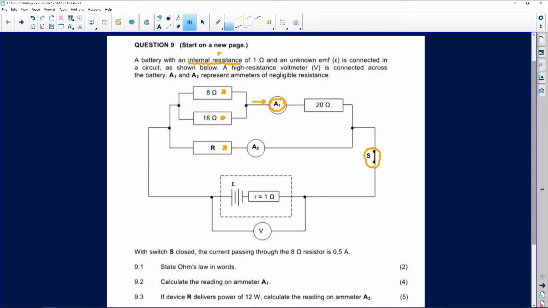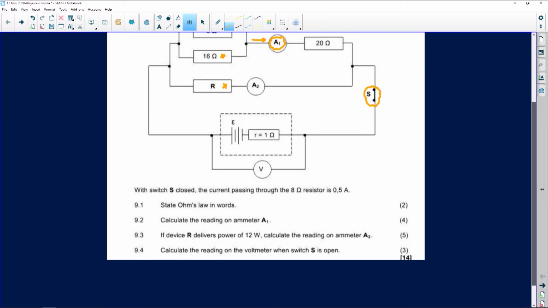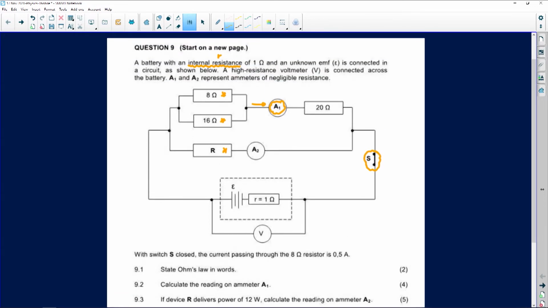So let's see what questions we have. It continues to say, with switch S closed, now we know that current will be flowing. The current passing through the 8 ohm resistor is 0.5 amperes. So here we have it. At the 8 ohm resistor, the current will be 0.5 amperes.